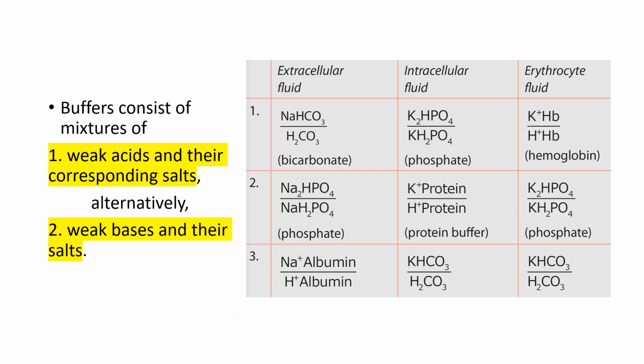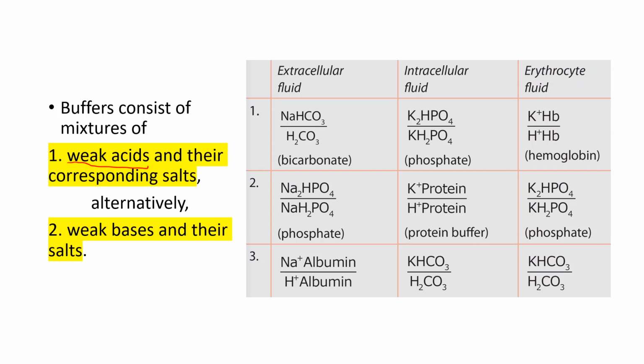Now there are certain examples of buffer in the body. What exactly is a buffer, or what are the constituents or composition of a buffer? The most important thing, a buffer must have a weak acid. As we discussed in the last slide, a weak acid is dissociated only partially, or very little.